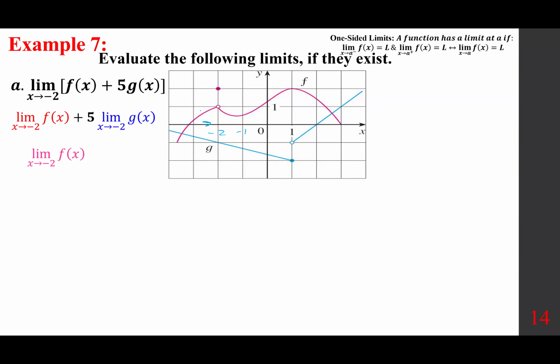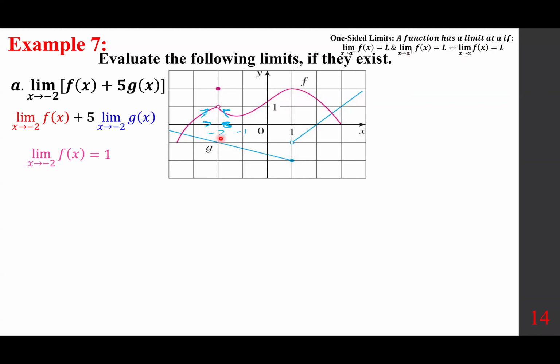From the left, negative 2 is going this way, from the right is going this way. Both of them are moving towards the same point with the y coordinate of 1. The limit does exist. Remember the one-sided limit: if the limits of f of x as x approaches a from the left and right are L, therefore the limit of f of x as x approaches a exists and it's equal to L.